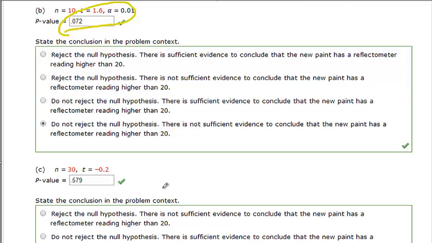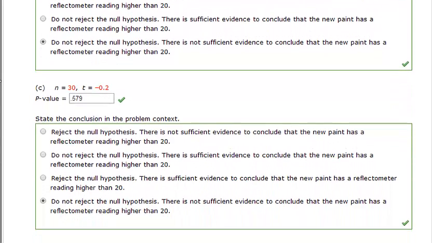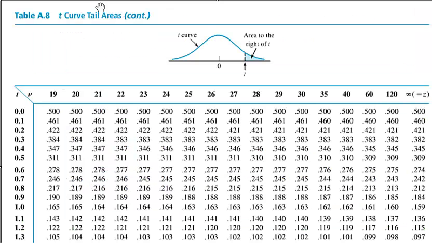Doing the next one, the reason I want to do it is because it is negative, so let me scroll down and get that and go get our chart. This one we have that n is 30, and our t is negative 0.2.